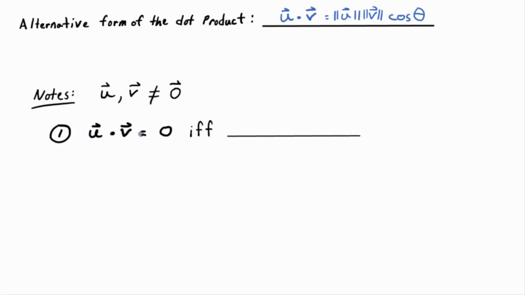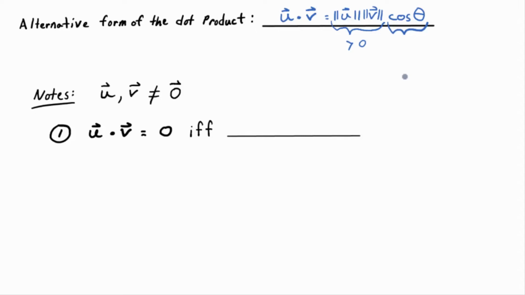So when is u dot v equal to 0? Well, if we know that u and v are not the 0 vector, these magnitudes are always going to be bigger than 0, if the components are non-zero, not all 0. So it's really the angle that determines when we get a dot product of 0 in that case, isn't it?